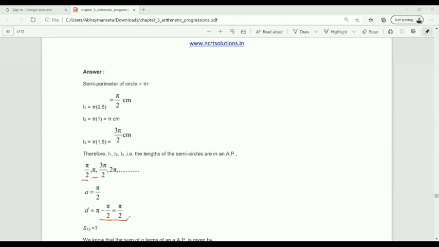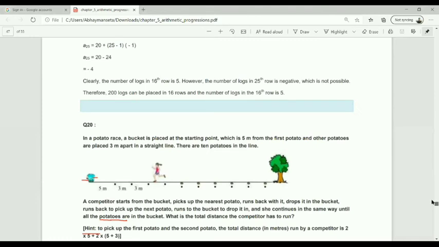We have to find the sum of the AP. Here 13 semicircles are given, so we have to find the sum of 13 terms, that is S13. We put the value of a as pi by 2, d as pi by 2, and n equal to 13.